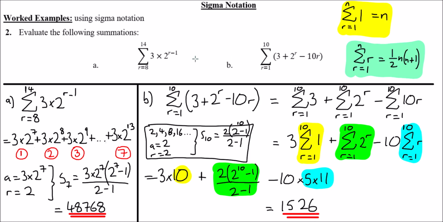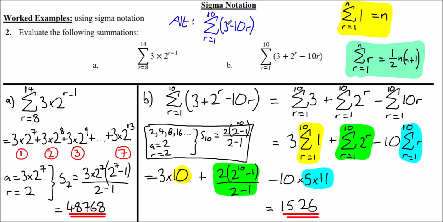Now, by the way, part B, you wouldn't have needed to have partitioned out like this either. So for part B, an alternative, you could have split it into just 2. So from r being 1 up to 10, could have done 3 minus 10 to the r.